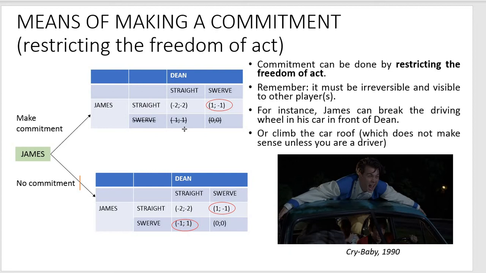So one of the solutions in this game is just restricting the freedom of action. So James can make sure that he will never ever be able to swerve. But of course, this is going to work only on the condition that Dean will believe him.